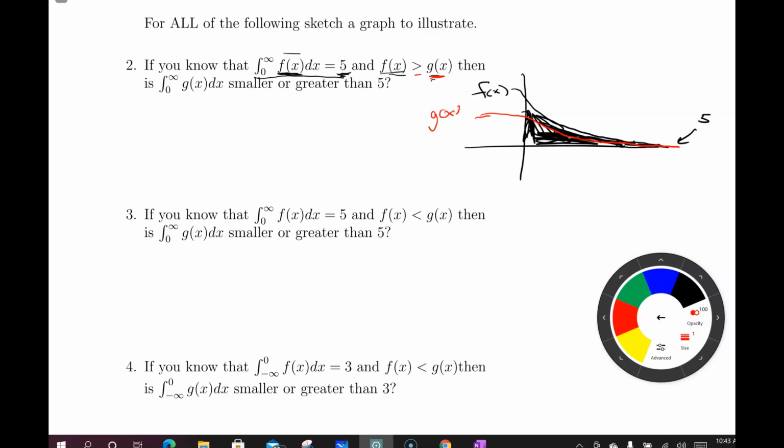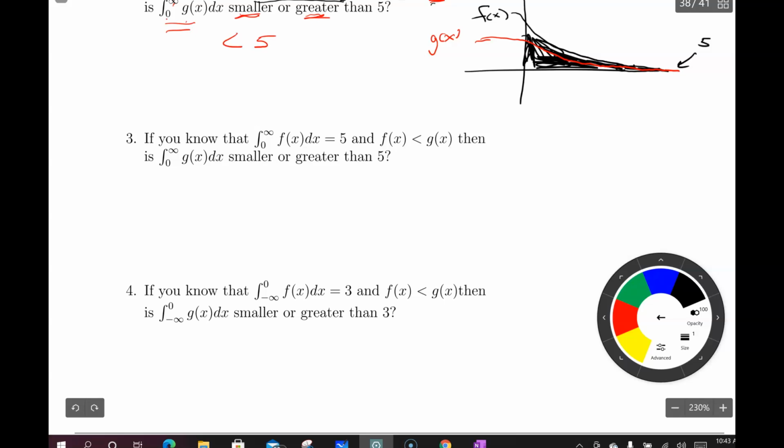Okay, so what do I know about the area of g of x from 0 to infinity? Do you think it's going to be smaller or bigger than 5? It's going to be smaller than 5, because all of the black area is 5, so the red area is going to be smaller than 5. Okay, so what if I draw the picture again. Here's f of x, and this area here is 5.